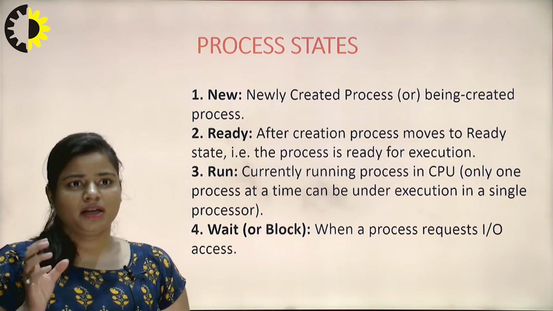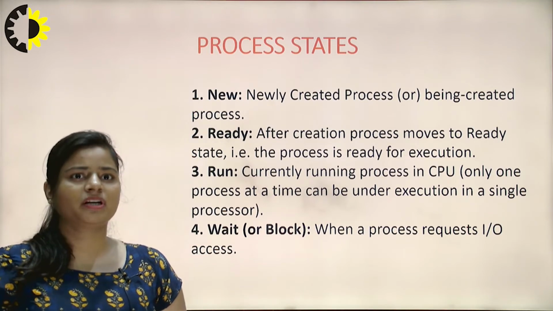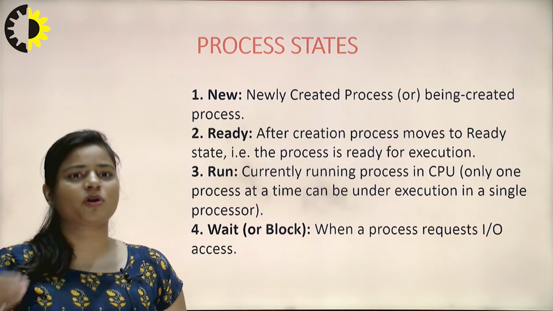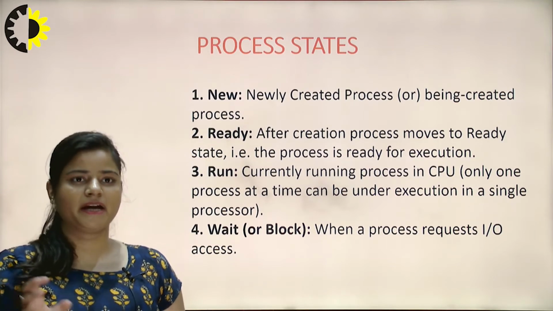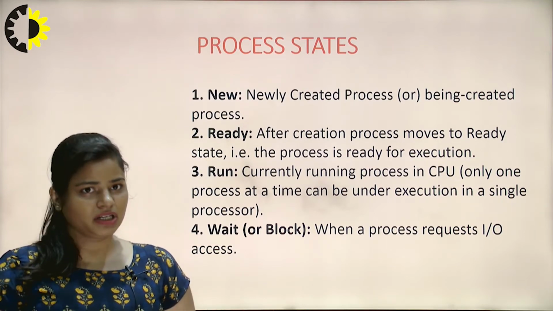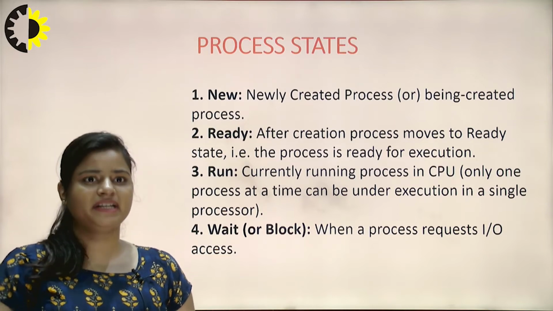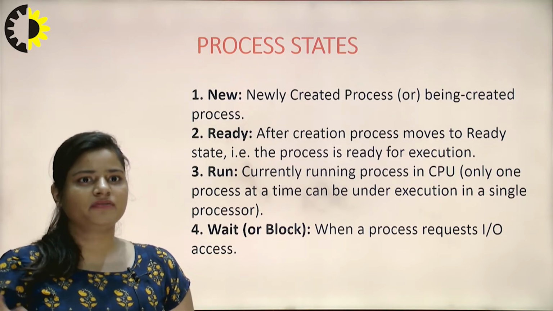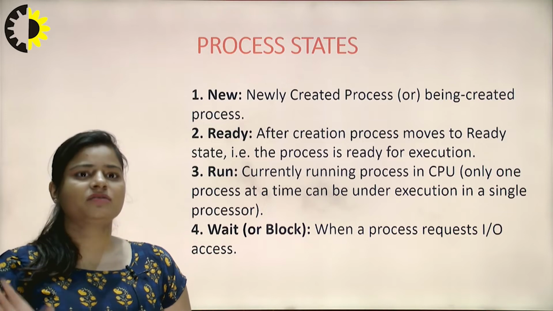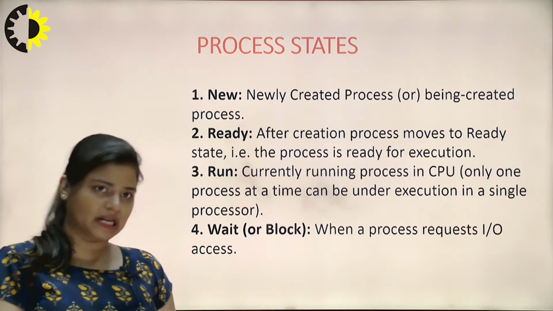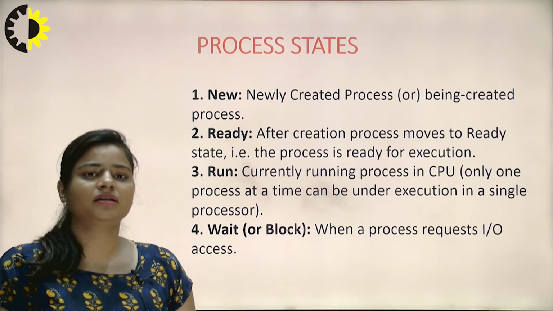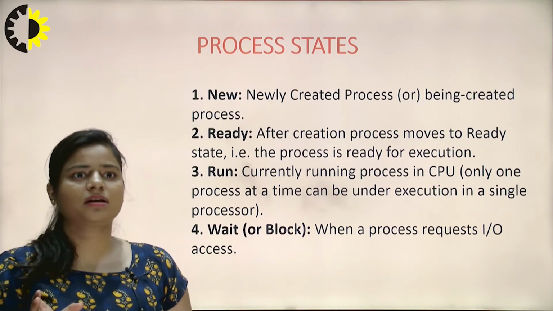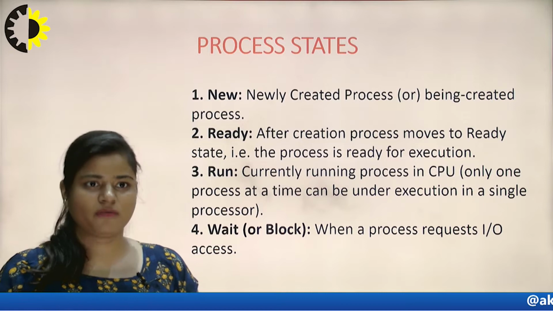In this state, all the newly created processes and the processes which are going to be created come under the new state. In the ready state, after creation the process moves to the ready state, and the process is ready for execution.